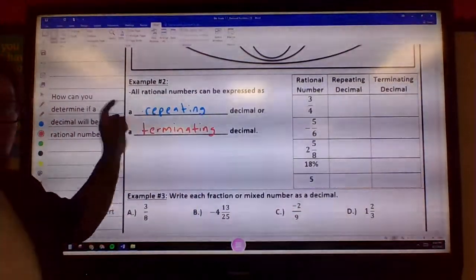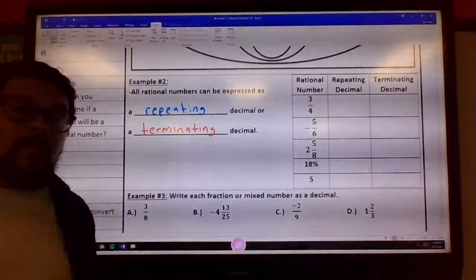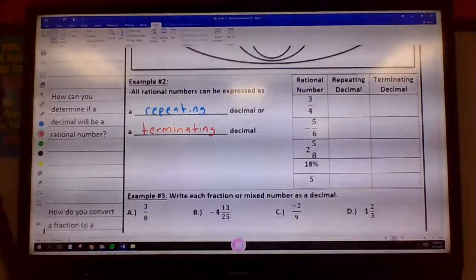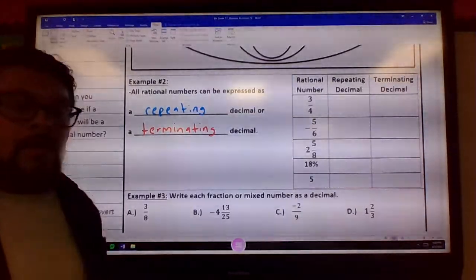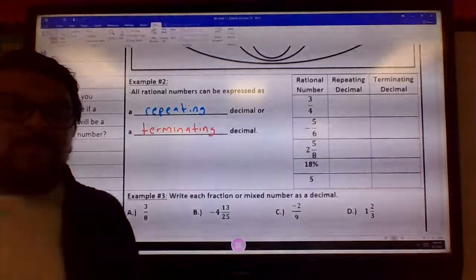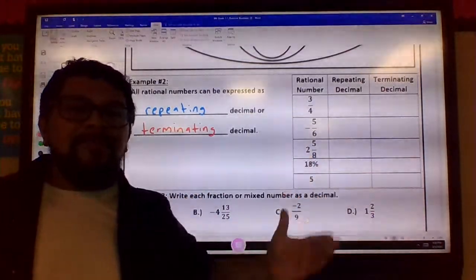A repeating decimal and a terminating decimal. Go ahead and say it to yourself. What's a repeating decimal? A repeating decimal is a decimal that keeps going on forever, but it repeats.